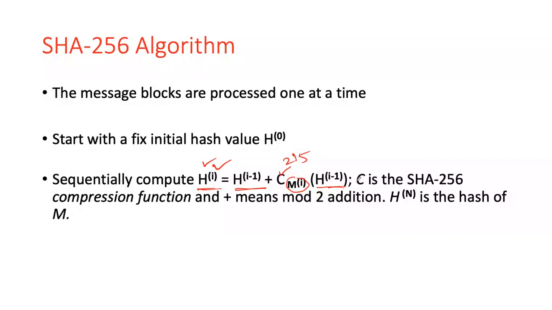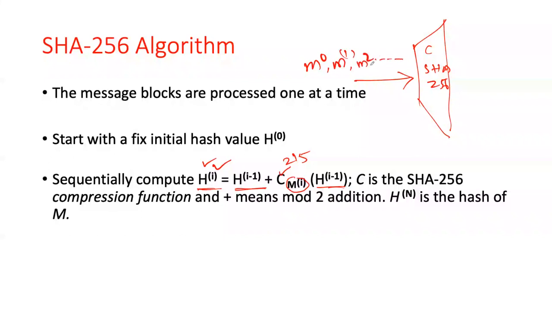Here this C is your compression function, which is nothing but SHA-256. Every time it takes the M0 block, then the M1 block, the M2 block, and so up to the Mn block, and for every block it gives one digest, the hash of I, which depends upon the previous hash of these messages.